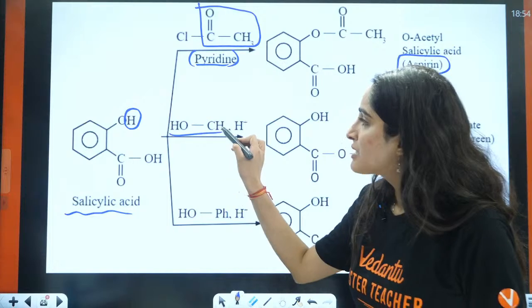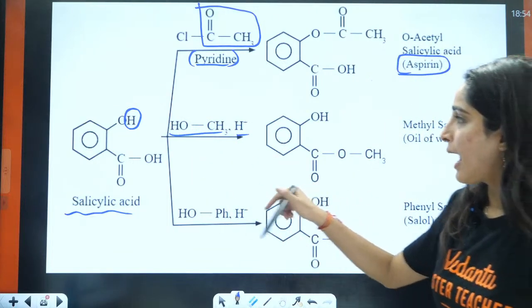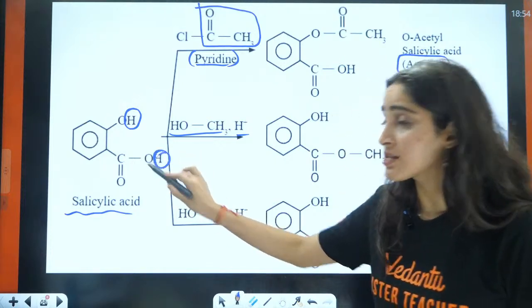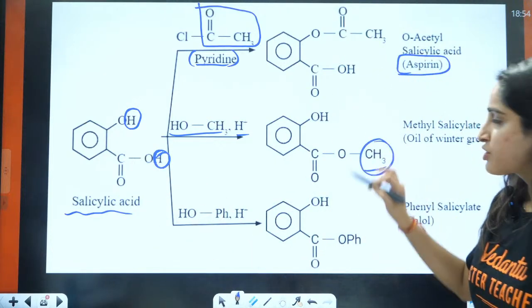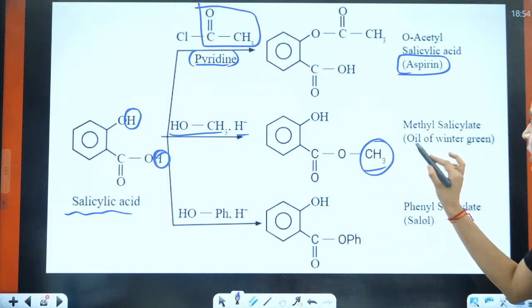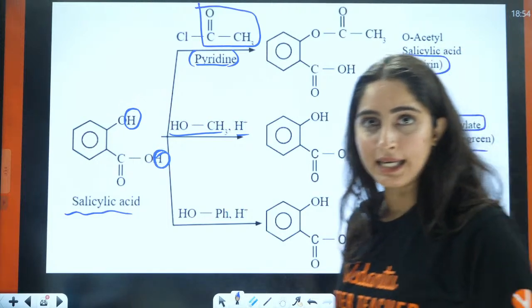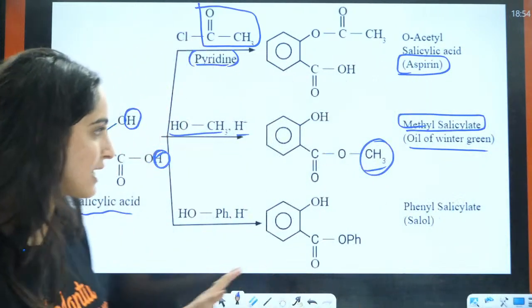Then you have CH3OH in acidic medium, right? Here what will happen? This H positive is going to be replaced by CH3, and this is called methyl salicylate, oil of wintergreen, right?